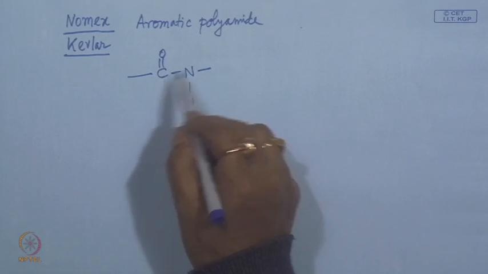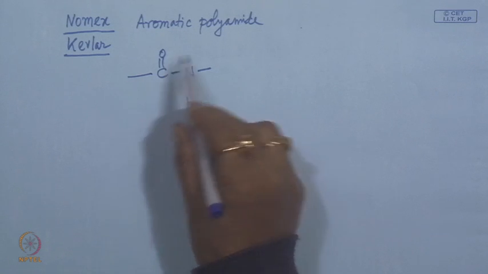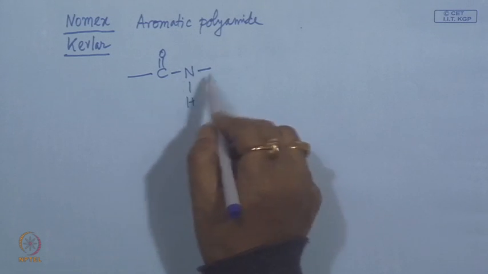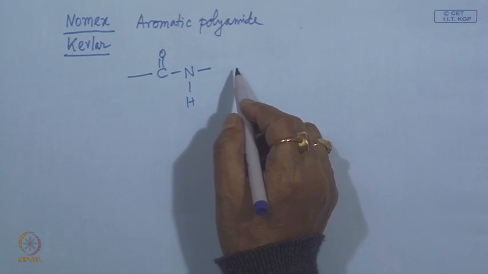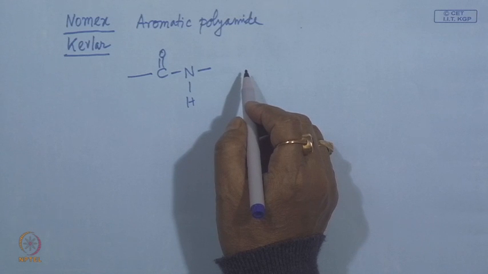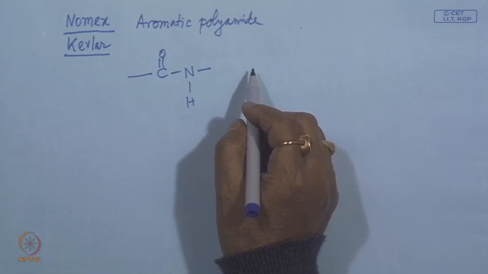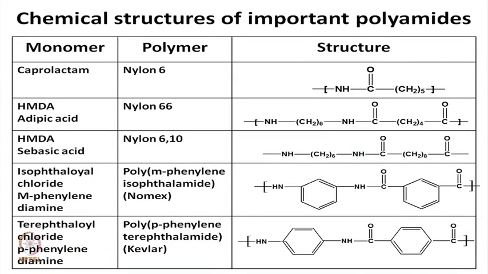Now, if this linkage is connected to aliphatic units, we call it aliphatic polyamide, and if it is linked to some aromatic groups, aromatic rings, phenyl rings, etc., we call it aromatic polyamide. In case of Nomex, as I just told, Nomex contains this phenylene diamine, and these amine groups are linked at the meta position or 1,3 position, as well as this isophthaloyl chloride.